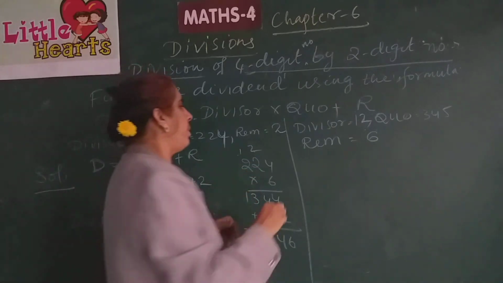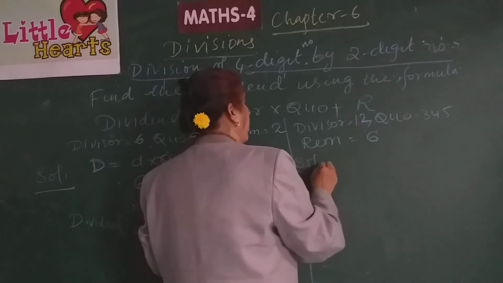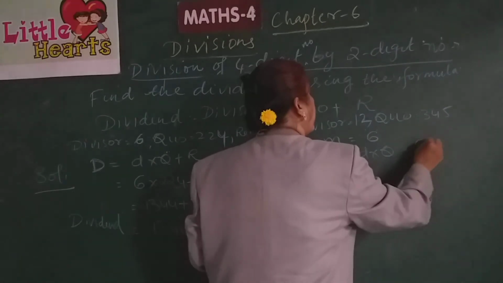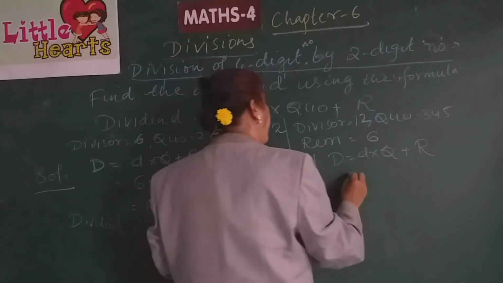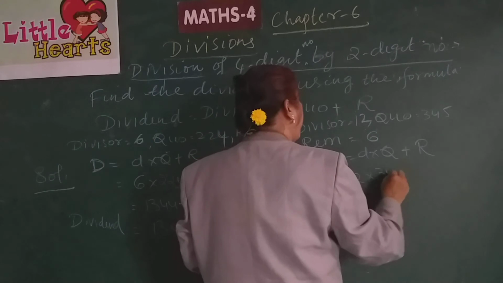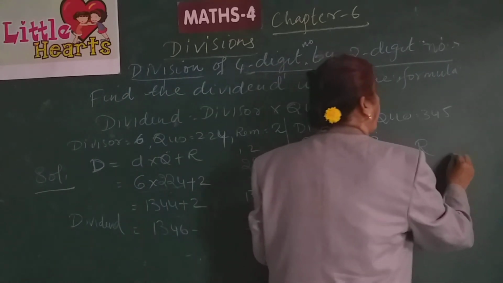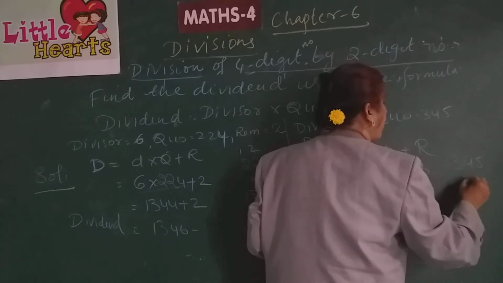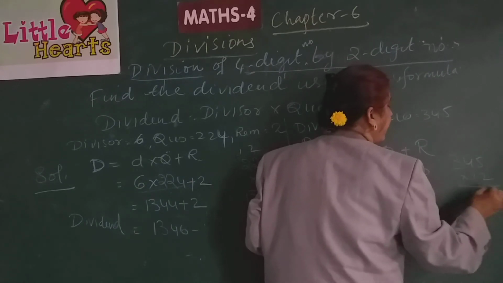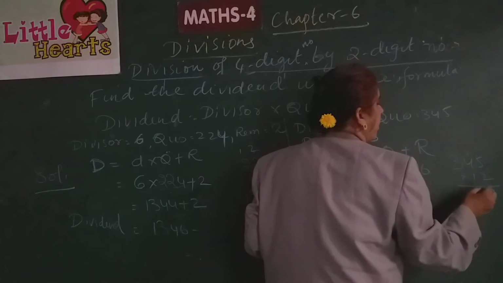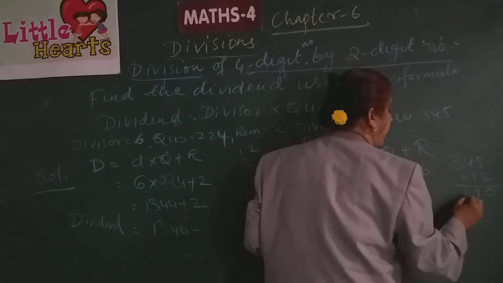And in the second problem, dividend is equal to D into Q plus R. D is 12 here. Quotient is 345. Remainder is 6. Now 345 into 12. 2 5s are 10. 2 4s are 8 plus 1 is 9. 2 3s are 6.